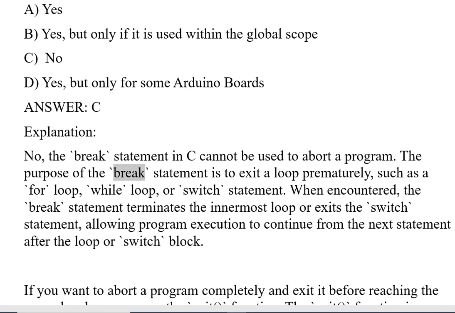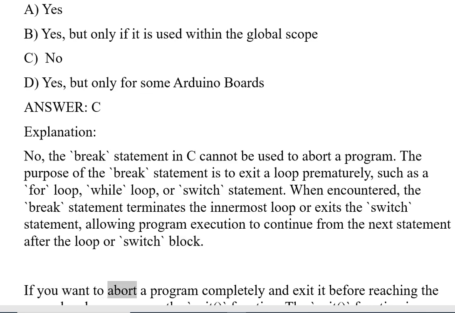The purpose of the break statement is to exit a loop prematurely, such as a for loop, while loop, or switch statement. When encountered, the break statement terminates the innermost loop or exits the switch statement, allowing program execution to continue from the next statement after the loop or switch block.